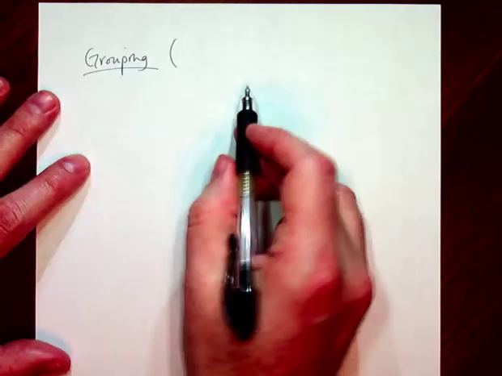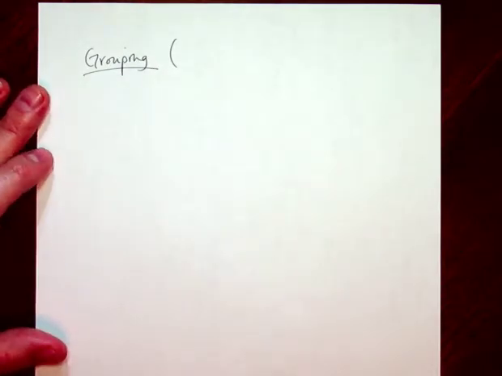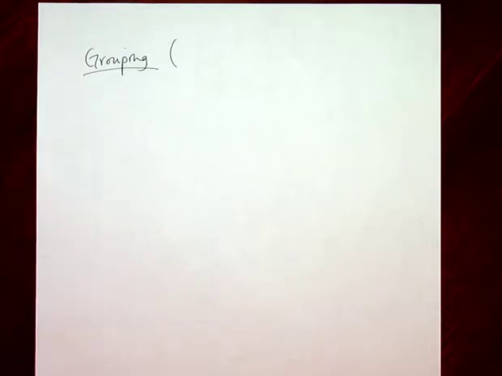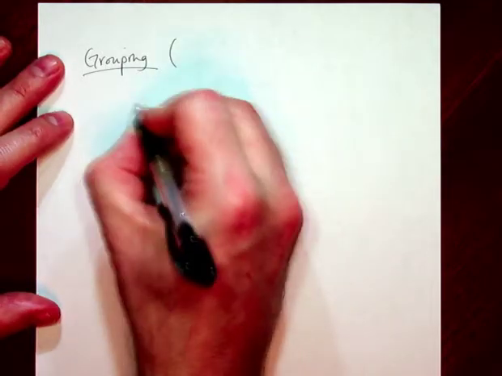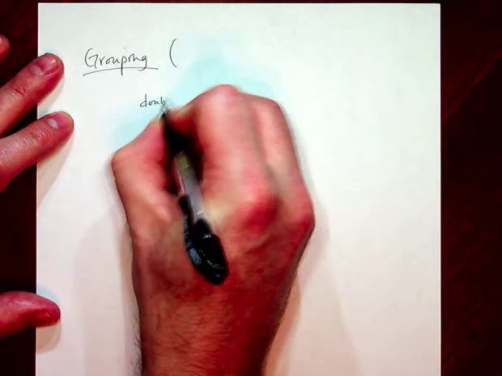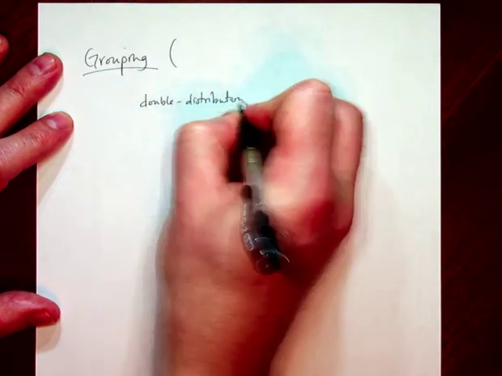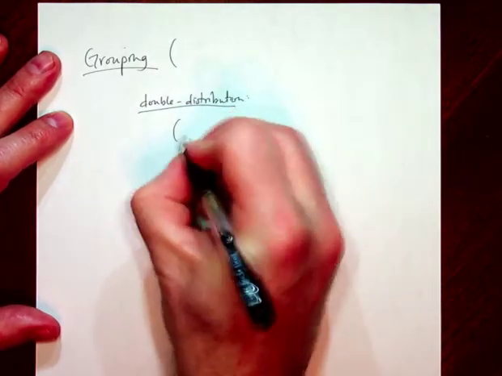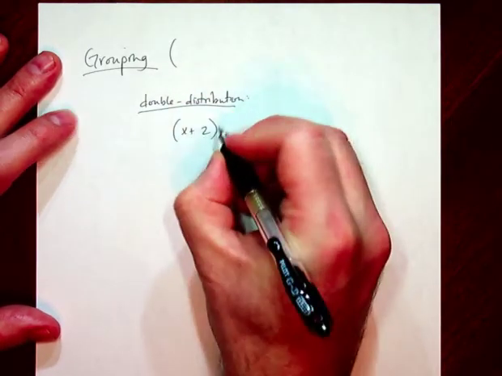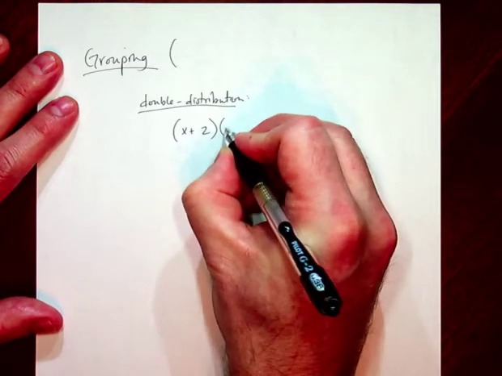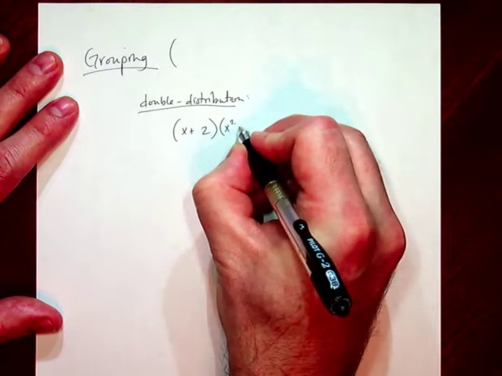Now, grouping actually comes from the foiling technique. Because when you're foiling, what you may not recognize is that foiling is a shortcut for what I sometimes call double distribution. Okay, so let me just sort of do an aside here. So if we have double distribution, let's say we have x plus 2 and x squared minus 1.